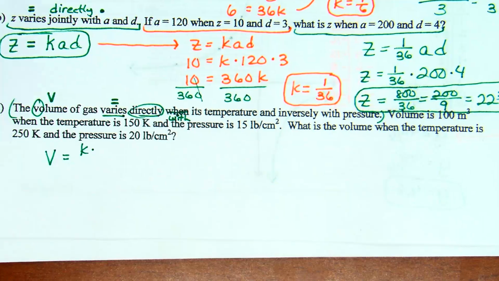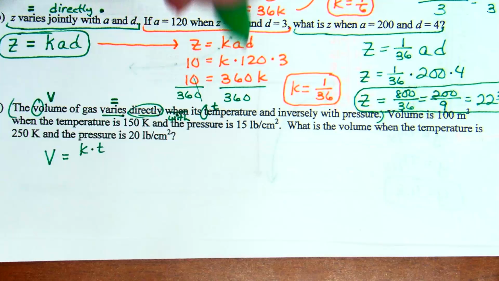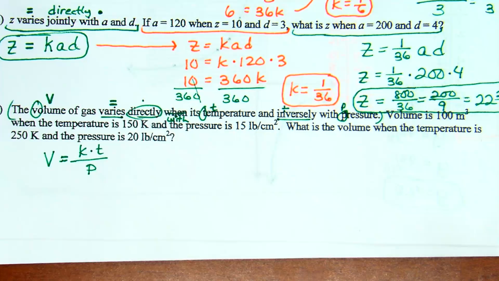Okay, you ready for the next part? Volume is 100 meters cubed, so 100 goes in for V. When the temperature is 150 Kelvin, so 150 is going to be my temperature, and the pressure is 15.